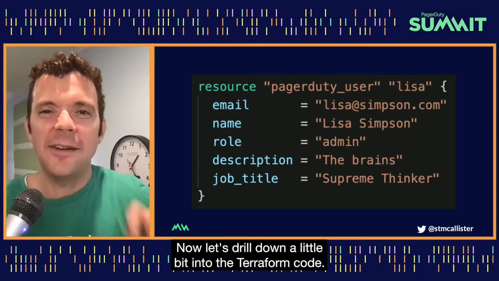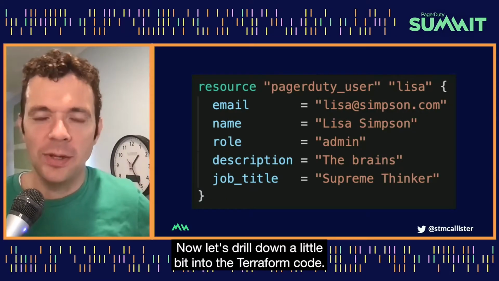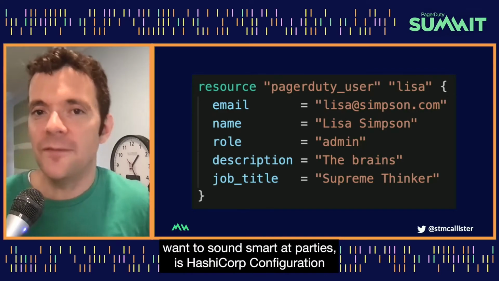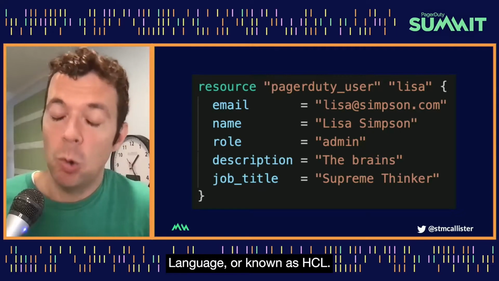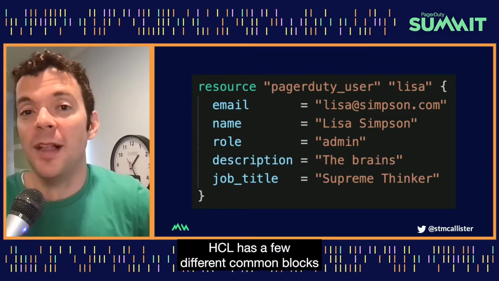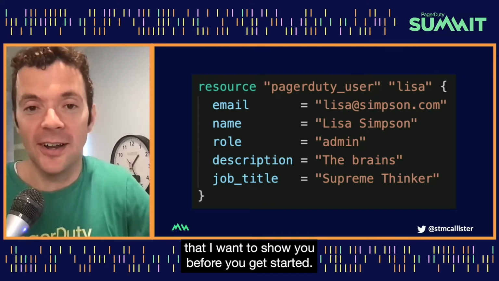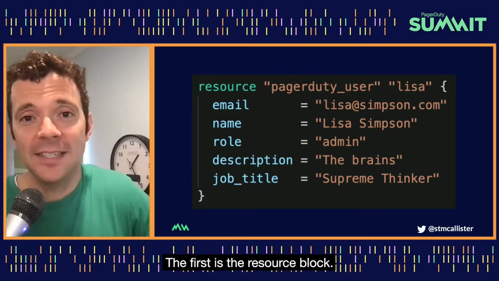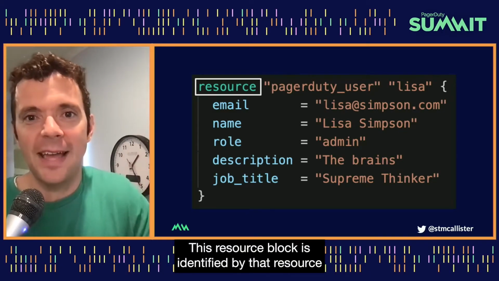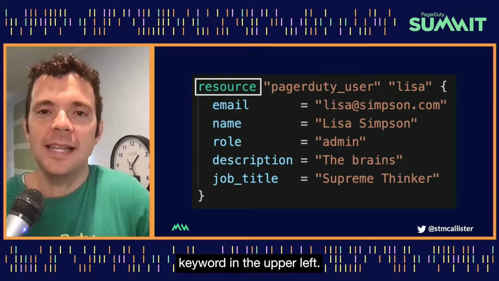Now let's drill down a little bit into the Terraform code. Terraform code, officially, if you want to sound smart at parties, is HashiCorp Configuration Language, or known as HCL. HCL has a few different common blocks that I want to show you before you get started. The first is the resource block. This resource block is identified by that resource keyword in the upper left.